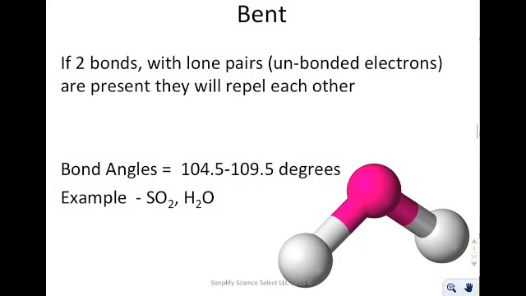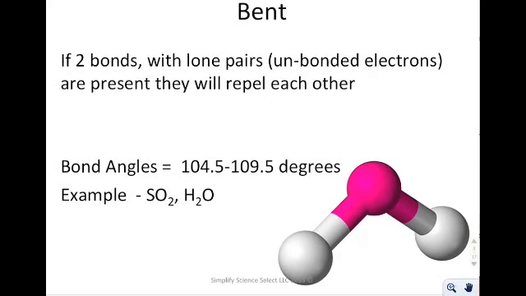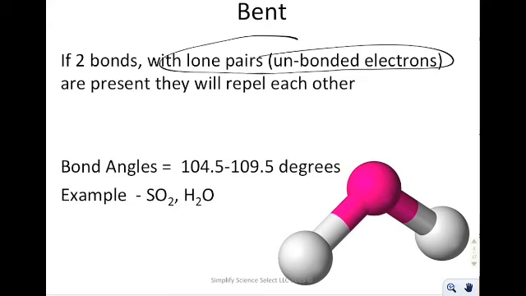So you get a bent shape if you have two bonds present, but you also have lone pairs or unbonded electrons. Remember, when you have H2O, you also have these two electrons here and these two electrons here that actually take the shape and they bend it to this particular shape. So the bond angles are slightly different.